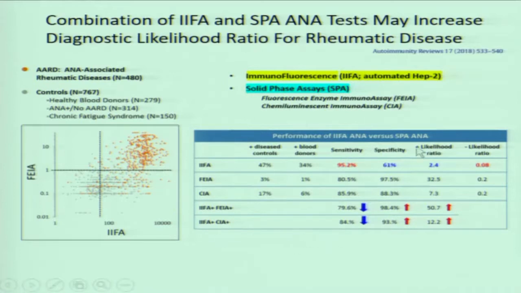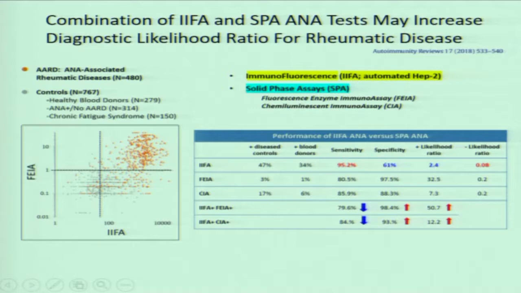Okay? And this is just very briefly to be sort of Solomonic here and say that despite our attachment to the fluorescent ANA, there may be a role for actually combining the tests for screening. This is a study that shows that if you do double positives for immunofluorescence and some of the solid phase assays, the likelihood ratio is going to go much higher relative to just the immunofluorescence, okay?